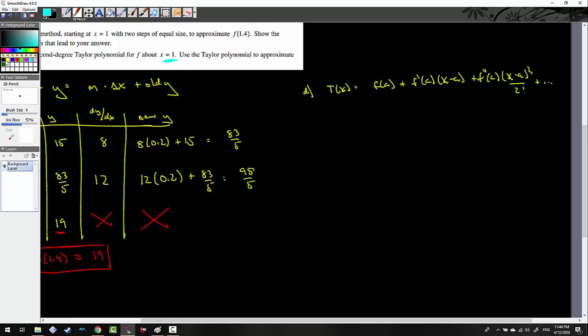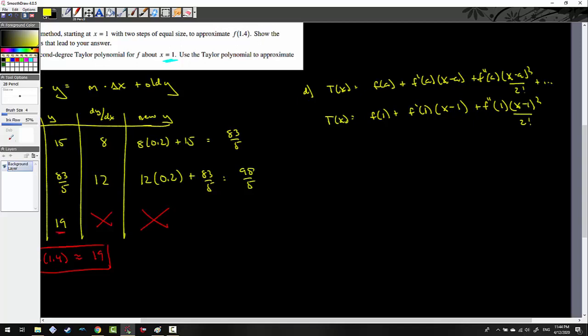They told us that, which means our generalized T of x Taylor polynomial will be f of 1, plus f prime of 1 times x minus 1, and then plus f double prime of 1 times (x minus 1) squared over 2 factorial.